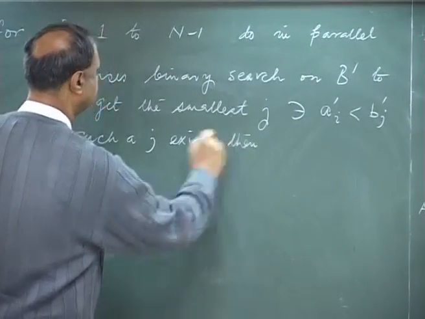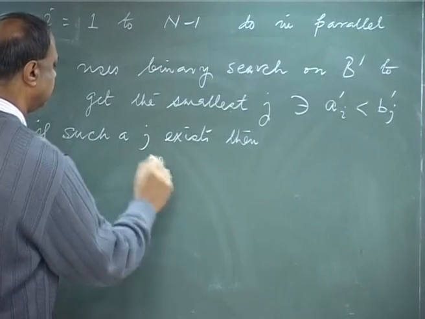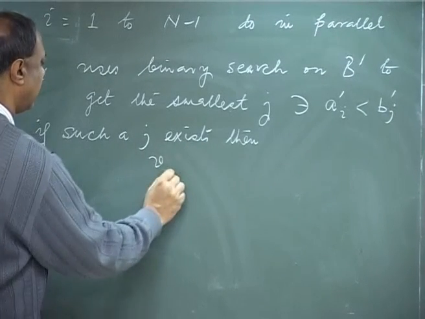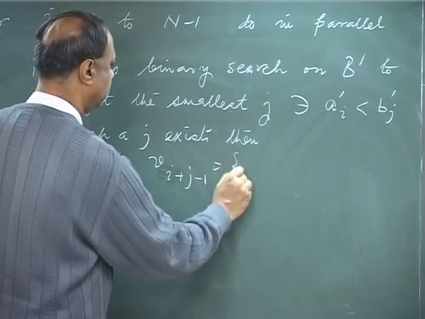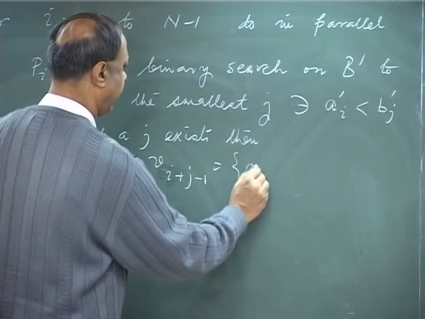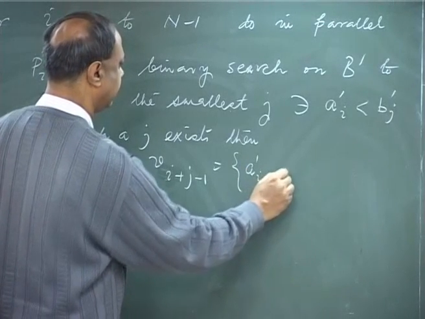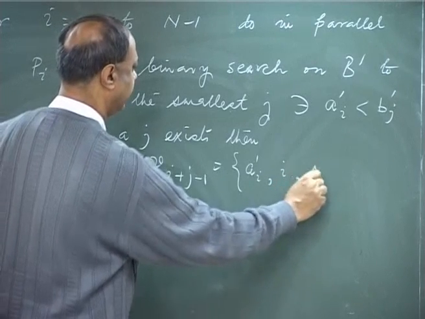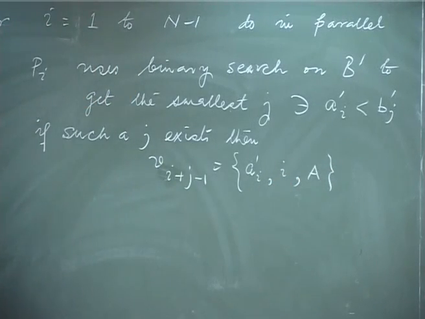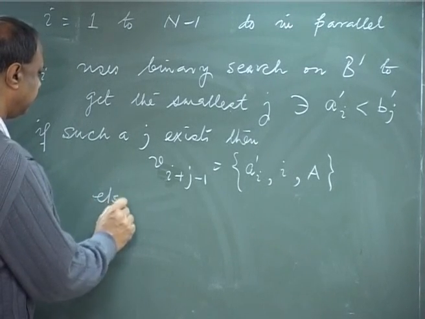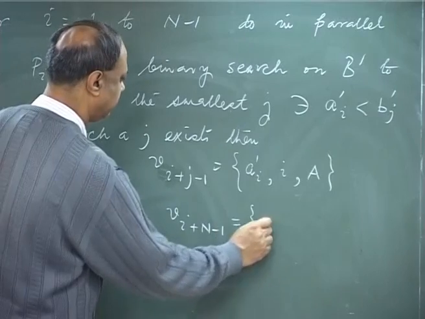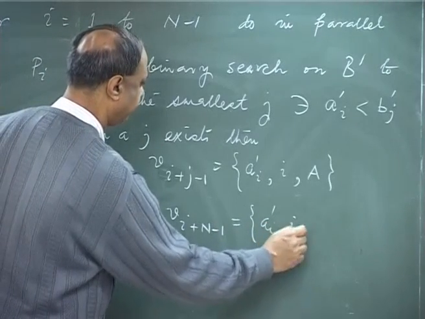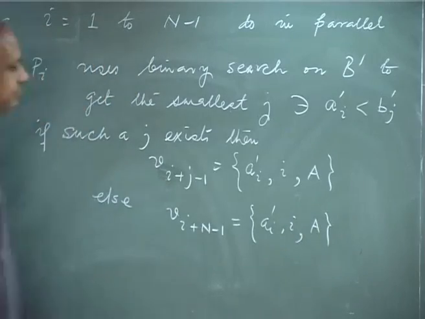then V_(i+j-1) is A_i dash, i, A, else V_(i+n-1) is A_i dash, i, A. Right?